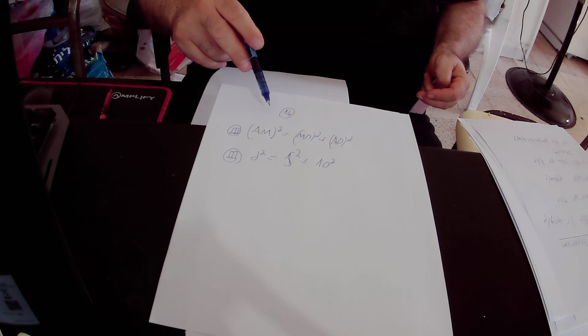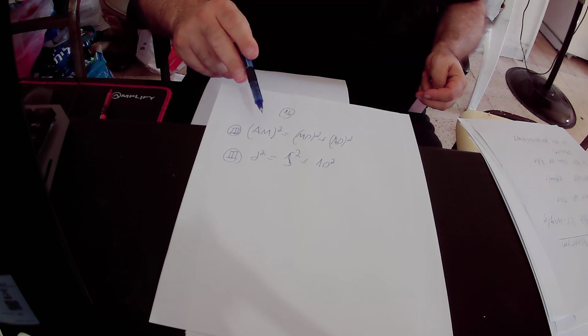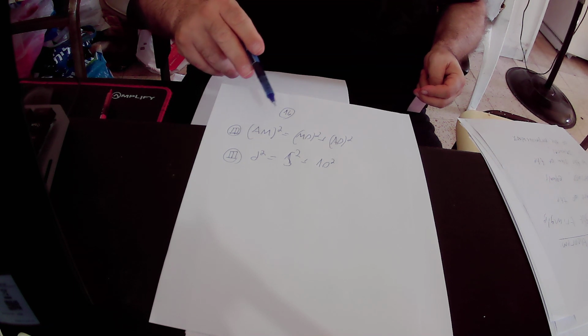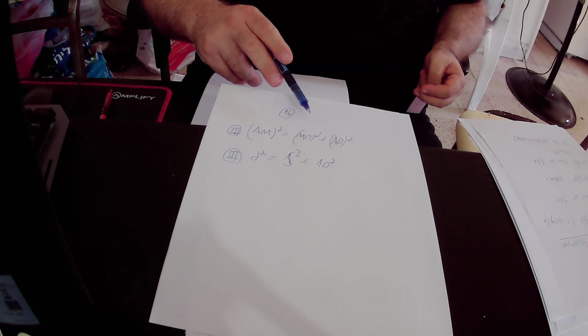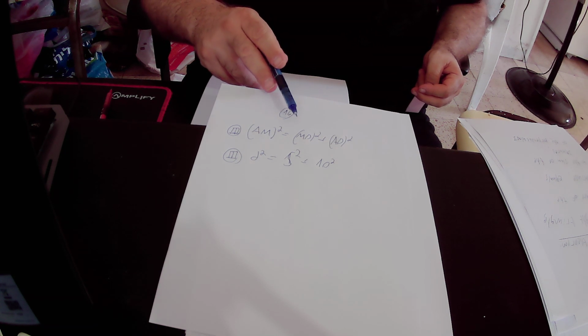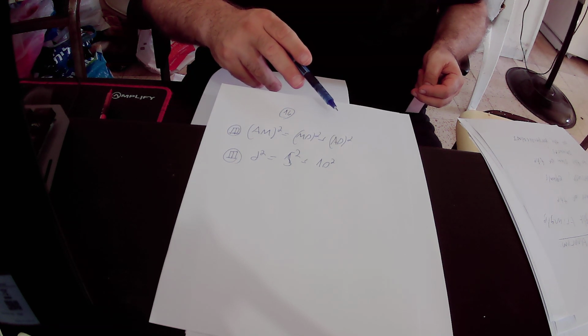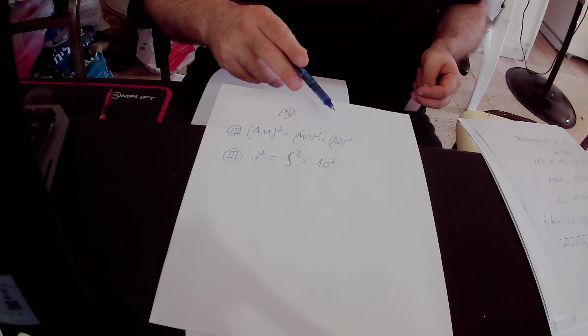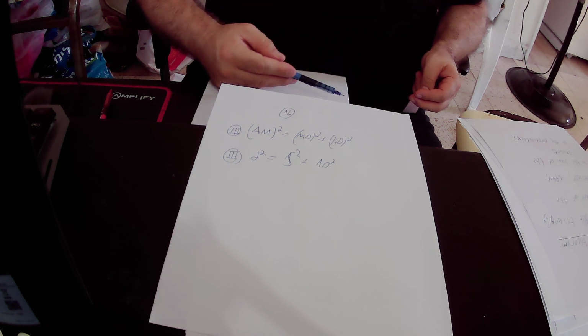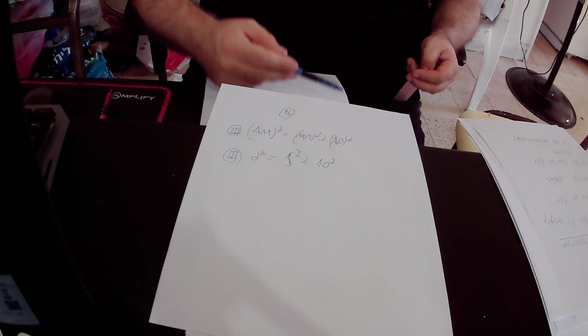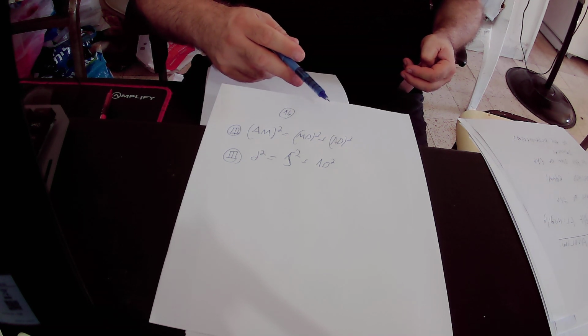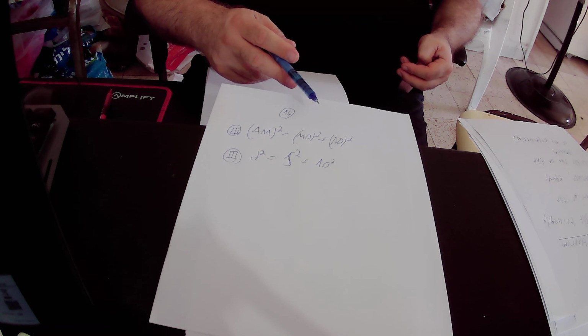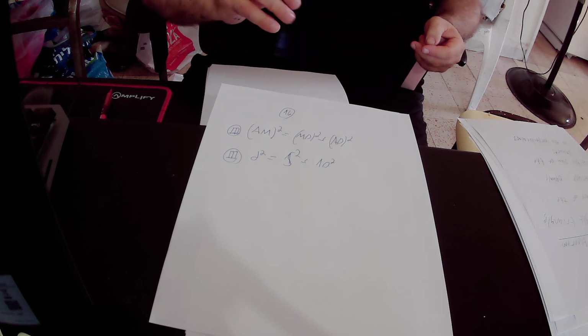We substituted AM by D, so instead of AM squared we got D squared. We substituted MD by 5, so instead of MD square we have 5 square, and we substituted AD by 10, so instead of AD square we got 10 square. And 5 square is 25 and 10 square is 100, and 25 plus 100 equals 125, so I write it down.